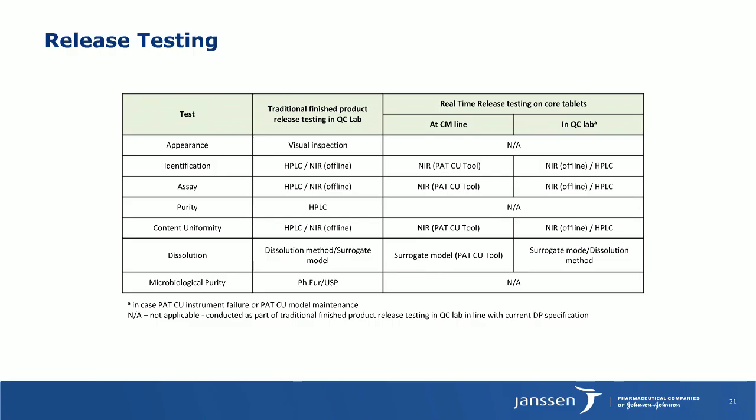What you can see in this table here is that at release testing for most products, the tests that you need to do are appearance, identification, assay, purity, content uniformity, dissolution, and microbiological purity. Traditional end product testing is that identification, assay, purity, and content uniformity are generally done by HPLC.